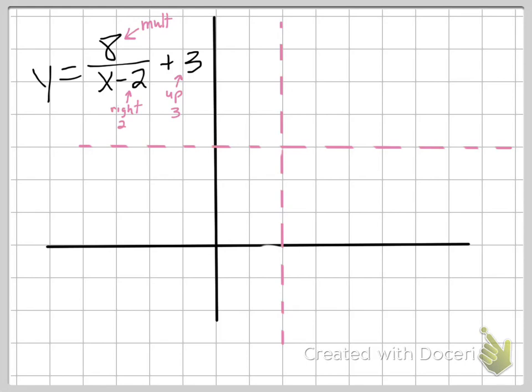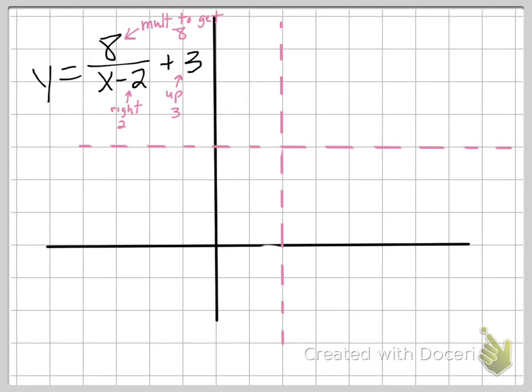I need to find numbers that multiply to get 8, because that's my numerator. Honestly, this is my a value as well, so I could just start with the parent function and make everything 8 times as tall. It would still work, but the easier method here is just to find the things that multiply to get 8.